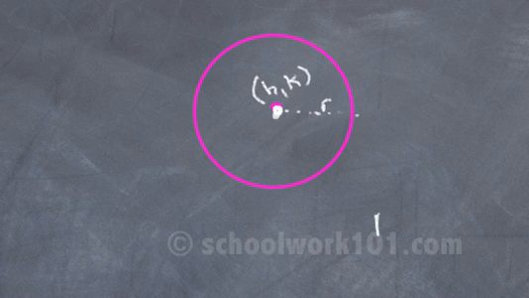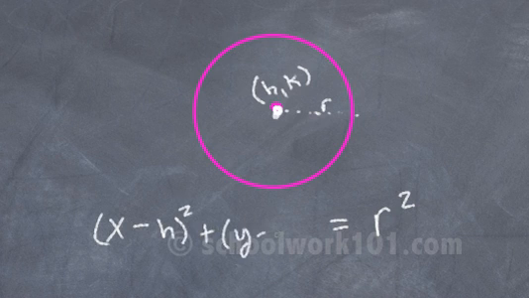And just to refresh your memory, our equation went like this: x minus h squared plus y minus k squared equals r squared. And so if we knew what the radius was and we knew what its center was, we would basically have the equation of this circle.